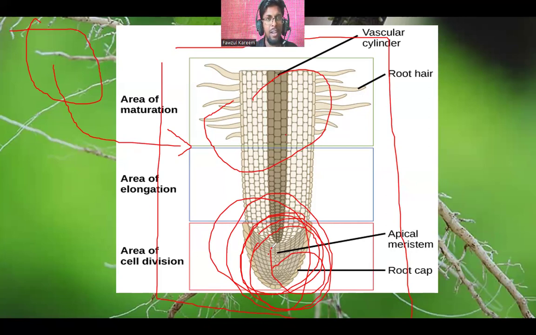What is cell division? That means they will produce new cells. Cells divide and produce new cells. So at that point the new cells will be produced.